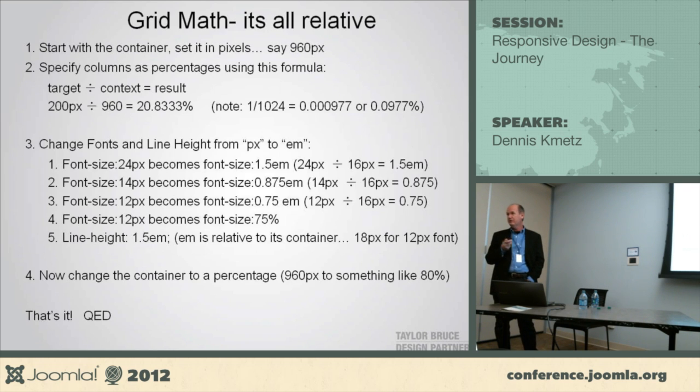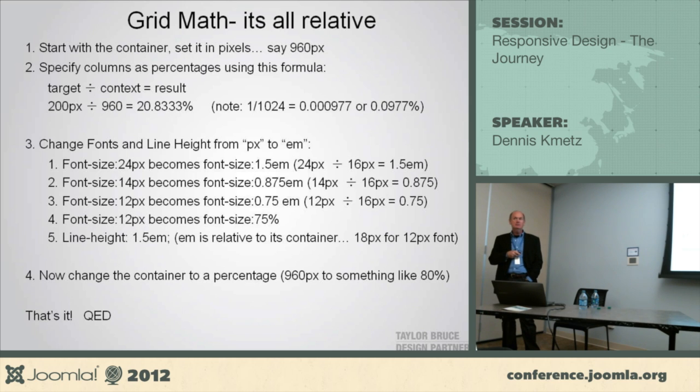So, for example, the container is 960, and you specify columns as percentages using the formula: target is relative to the context. So, for example, the 200 pixel column inside of a 960 pixel context, you just divide the target by the context. That's 200 divided by 960, and that's your percentage.